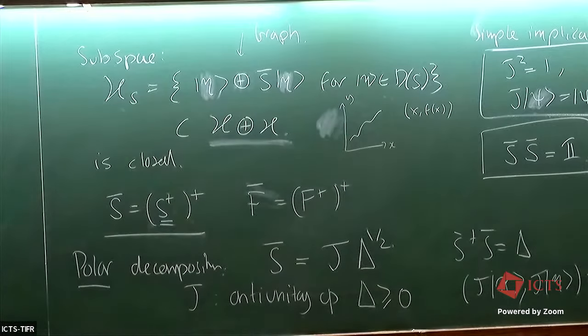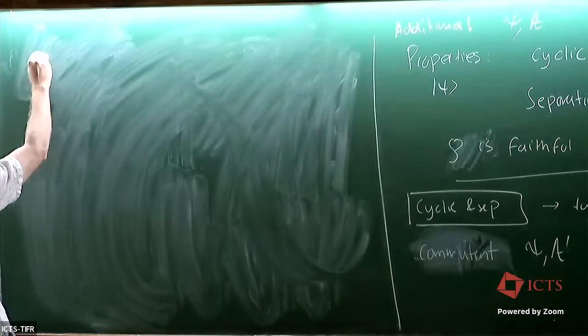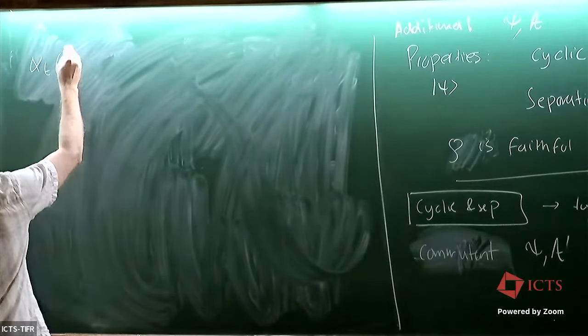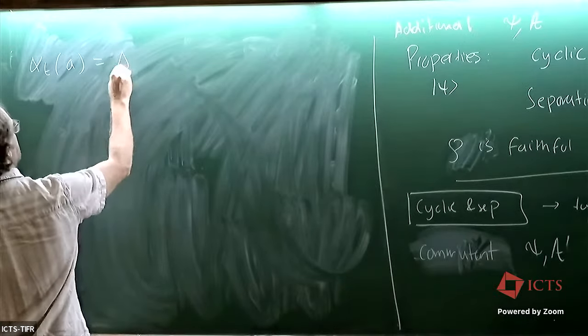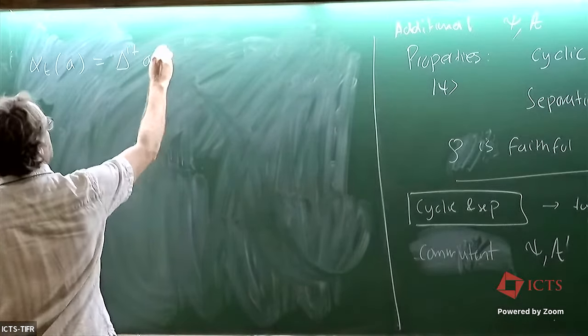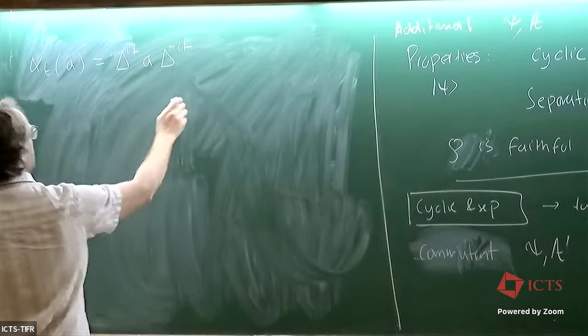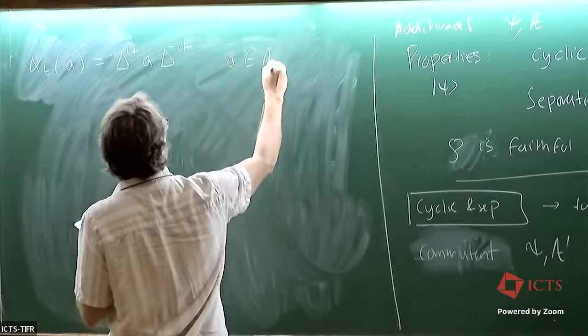All right. So those were some trivial consequences. There are some non-trivial consequences that I won't derive. The first one is that there's a nice flow that you get from this, which is just defined by conjugating an element in the algebra by these modular operators.